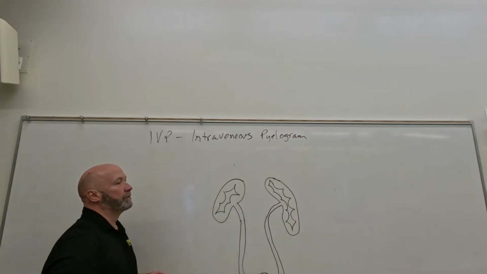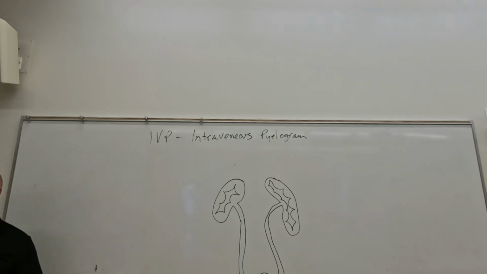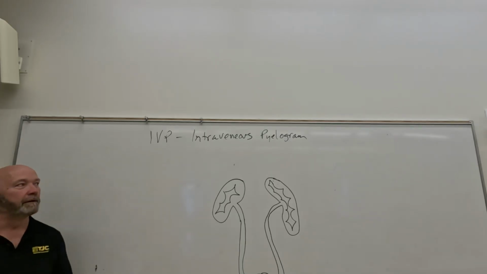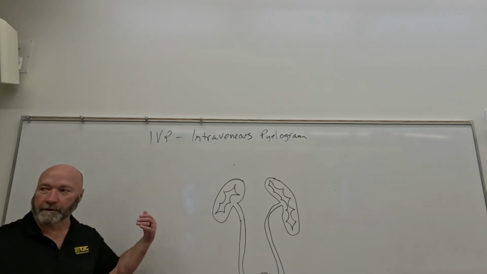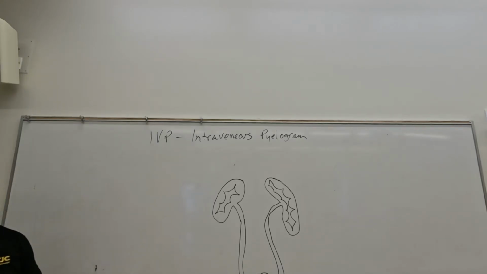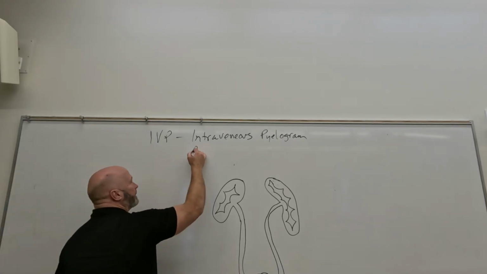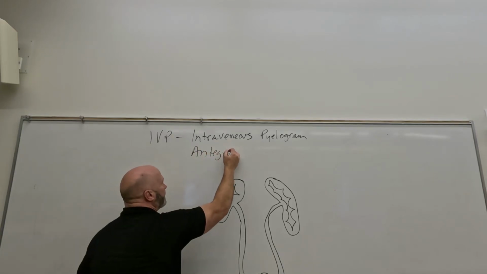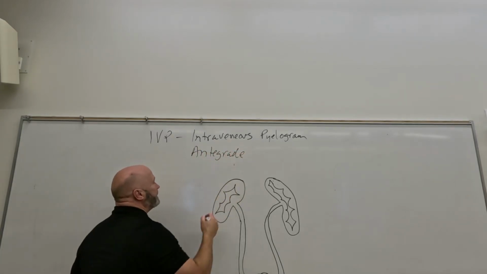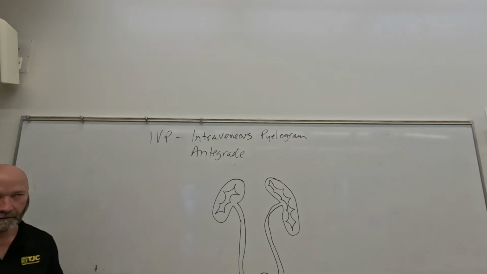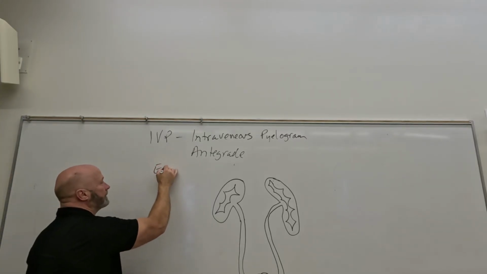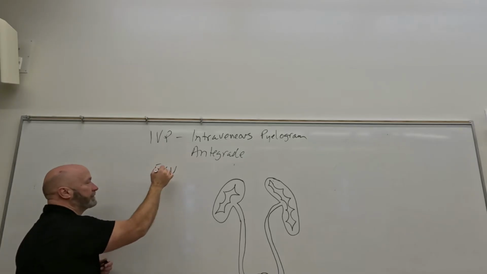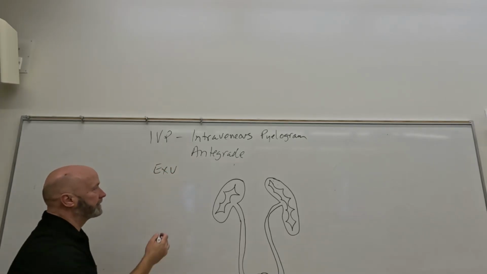Okay, so we can't leave it at that and make it simple. It's also referred to as an antegrade pyelogram because we're going to go with the flow, and I'll explain that here in a bit. Could be antegrade nephrography. That doesn't roll off the tongue. And it could also be EXU, excretory urogram, okay?